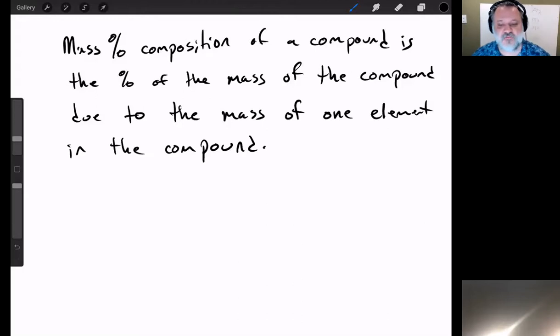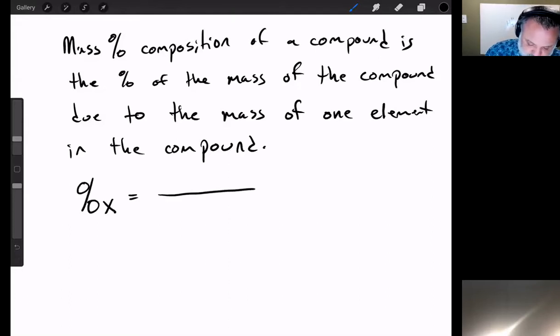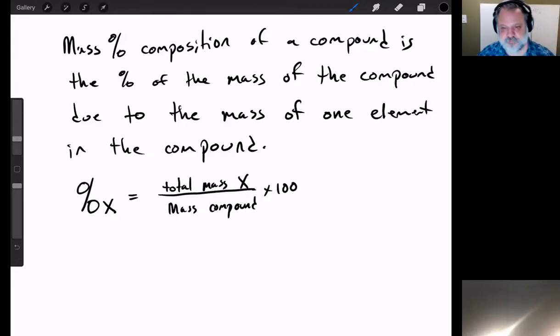So there's a formula for that, actually, and it's this. The mass percentage of X equals the total mass of X divided by the mass of the compound times 100. So it's another percentage, right? And at this point, you should be familiar with percentages.